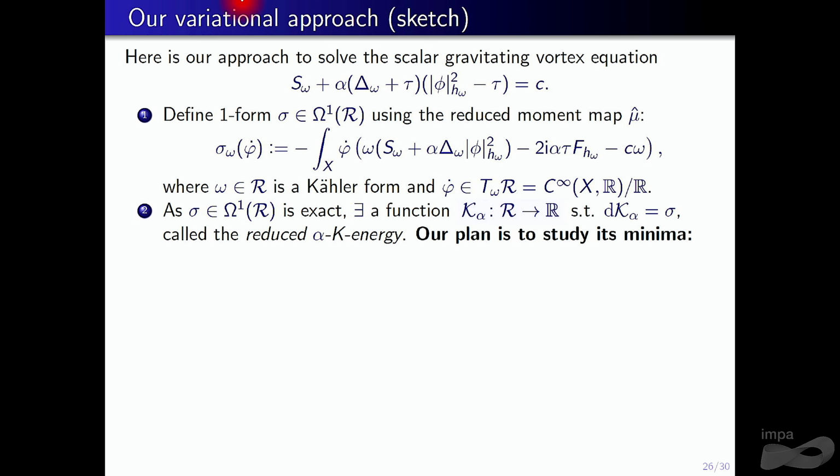And you can prove, this is standard again, that this is closed, and so it is exact because R is contractible. So you can write a formula for an integral that we called the alpha k energy, or reduced alpha k energy, that corresponds to the energy appearing in Kemp's nest.